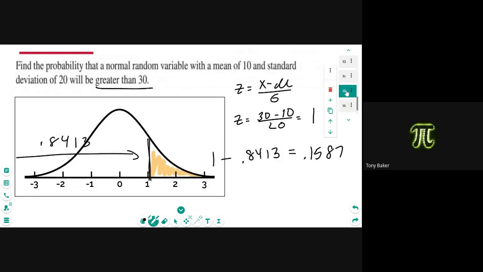If you did 3 minus 1, where's 3? 0.9987. Is it 1? No. We only typically go out to 3 standard deviations because after that point, it's basically nothing.